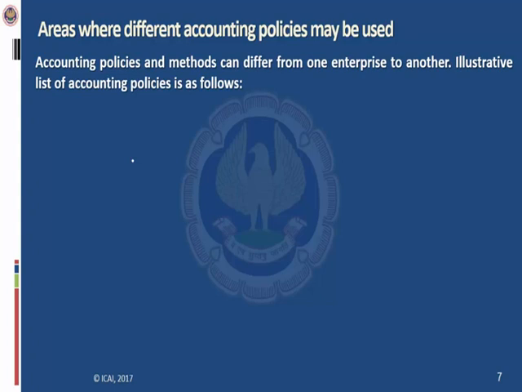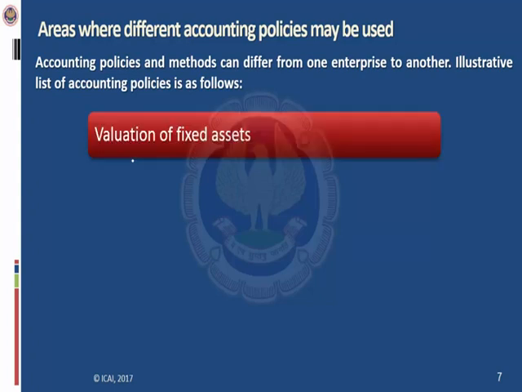So there is an illustrative list of accounting policies, which is as follows. Valuation of fixed assets, we have discussed, either cost model or revaluation model. The entity has to prescribe which accounting policy it is using for valuation of fixed assets under the head significant accounting policies in notes to accounts of the financial statements.